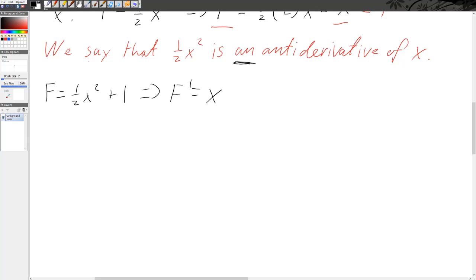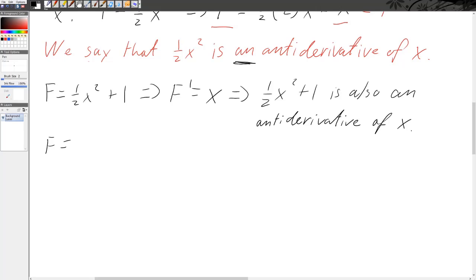We have F prime is equal to still just x because the derivative of 1 is 0. This, by definition, means that 1/2 x squared plus 1 is also an antiderivative of x.